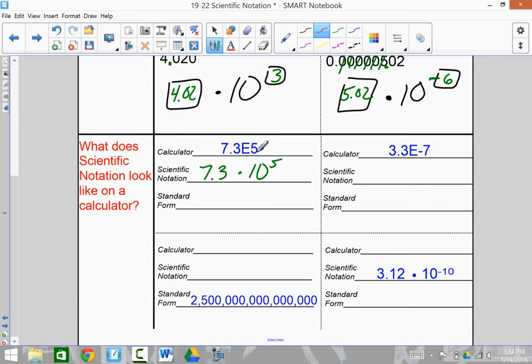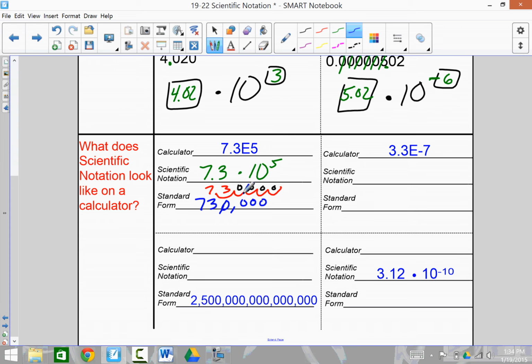It's a positive exponent, so it's going to be a large number here. So we're going to take 7.3 and go 1, 2, 3, 4, 5. Fill in our empty spots with zeros, and our final answer we know is 730,000, because that's where my comma is going to go, 730,000.